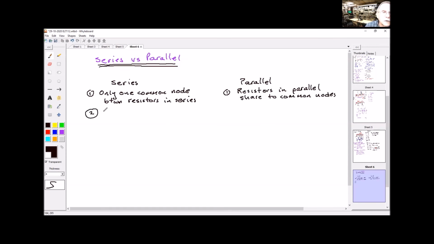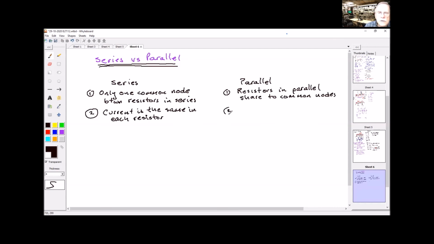In series circuits, the current is the same in each resistor. So in a series circuit, the current is the same.